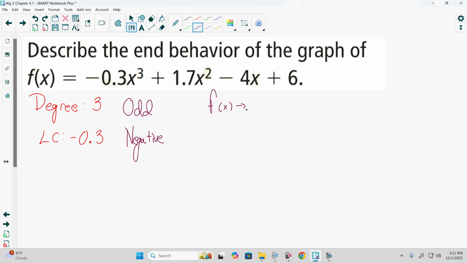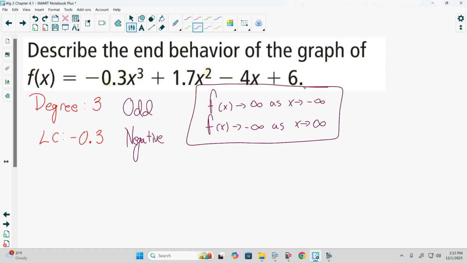And it tells us that f of x approaches positive infinity as x approaches negative infinity. And f of x approaches negative infinity as x approaches positive infinity. And which one we put on top and which statement we put on bottom really doesn't make a difference.